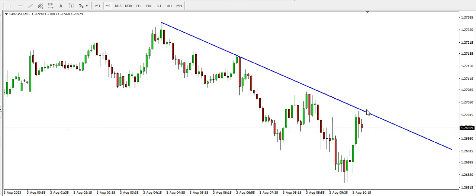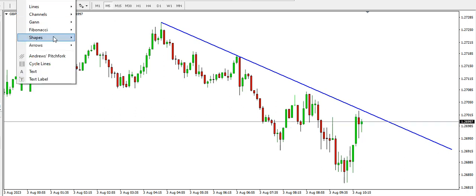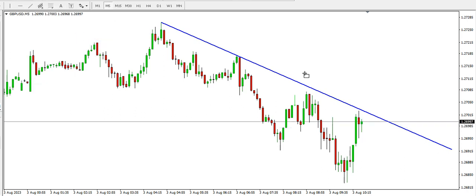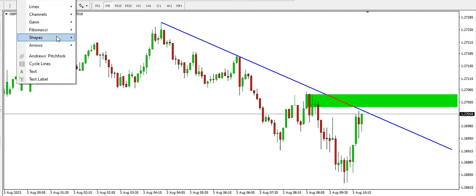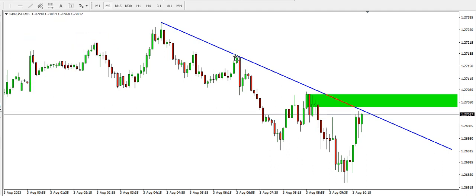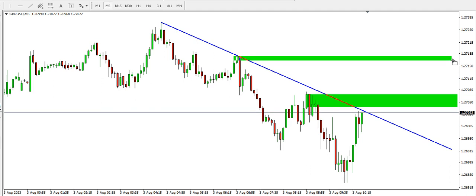If price breaks above this trend line, it might meet with a cluster of sellers. We have this supply zone around here, another supply zone, this order block.